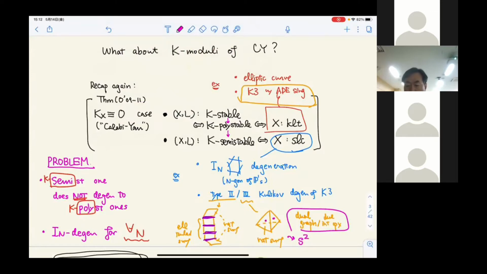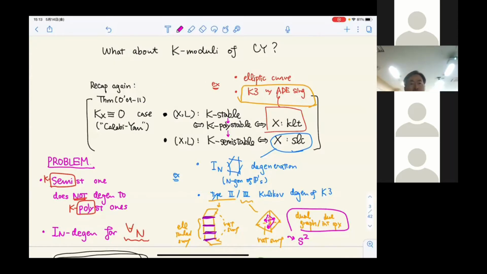So dual graph means that to each component we associate one point and connect them according to the way these components intersect. So yeah, we still have a dual tetrahedron, which is homeomorphic to S2.